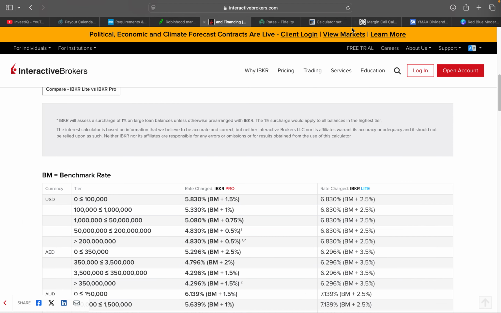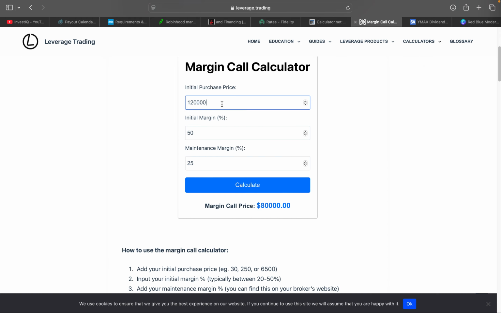So if we do a calculation here, if I purchased $80,000 worth of YieldMax and my initial margin is 50%, because that's usually the standard for every broker, and my maintenance margin, like I mentioned, is 25%, then my margin call price that I would be in trouble with is $53,000.